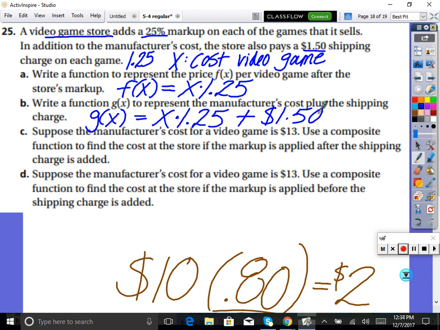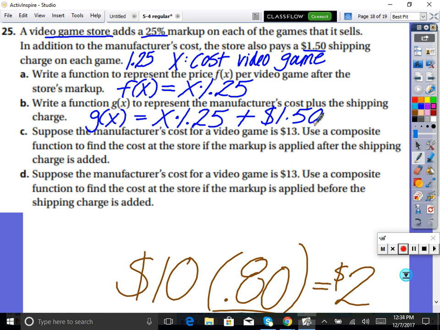Now here's what's interesting. There actually have been companies that got sued for doing what part C is asking us to do. So what happens is, can't I, as a store, secretly take that $13, add the shipping first, and then times it by 1.25? If I do that, aren't I going to make more money because I'm also charging them interest here? Okay, so let's see.